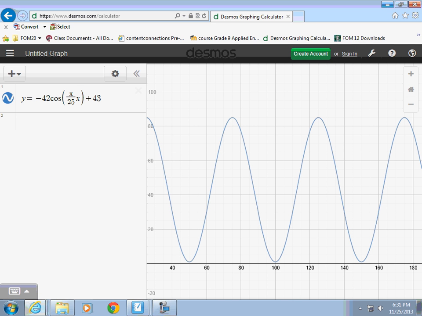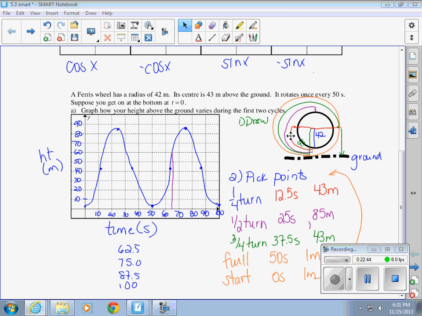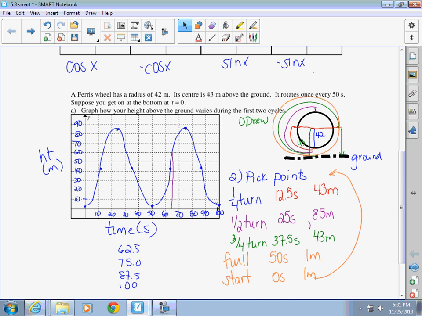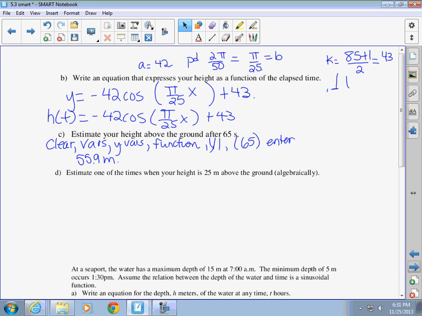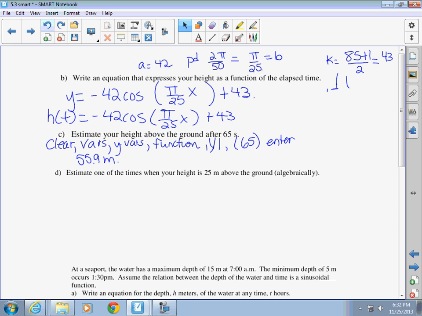At 65, when I had it on there, it said 55.98 something. Anyway, I'm not wasting any more time doing that. So there are 3 different ways of doing it. The last way would be to substitute 65 into that h(t), and then go backwards and solve.